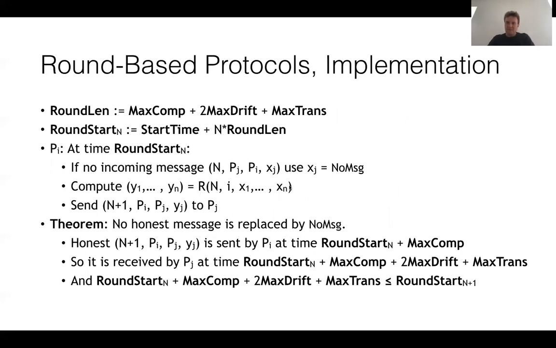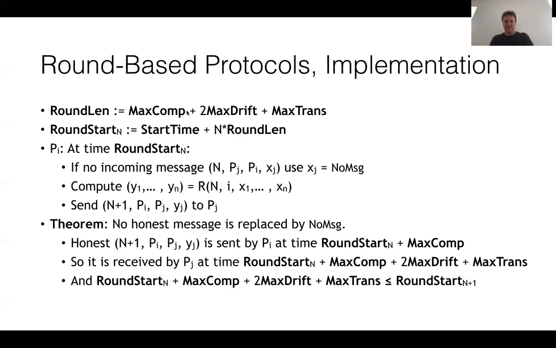That will take maximally that much time, namely computation time. Then they will send this message to everyone else. That will take max trans time. And then we have to adjust for the fact that my clock and the receiver's clock both could have drifted at most max drift away from the clock.